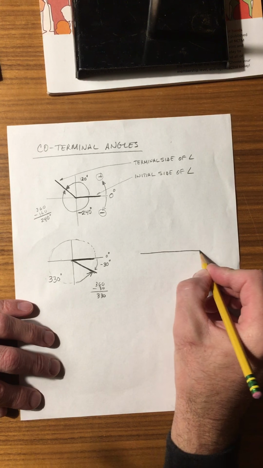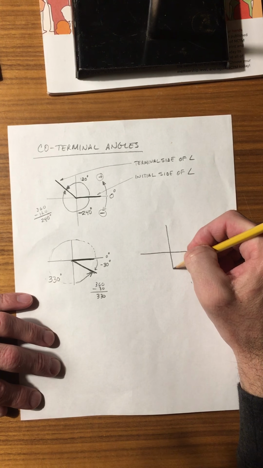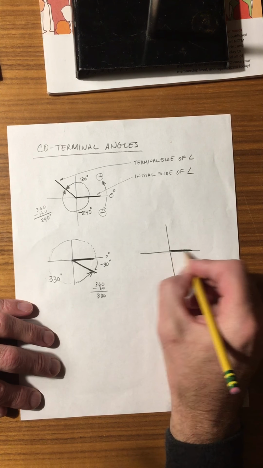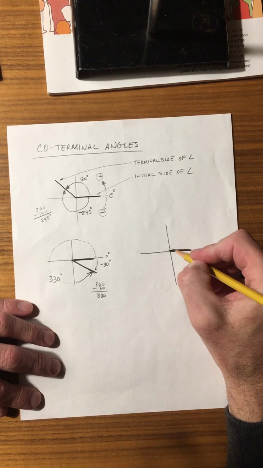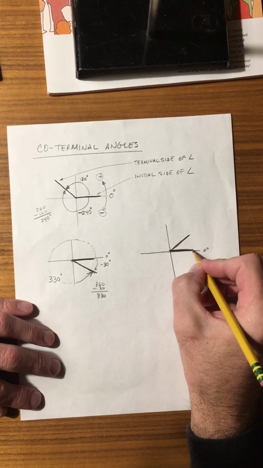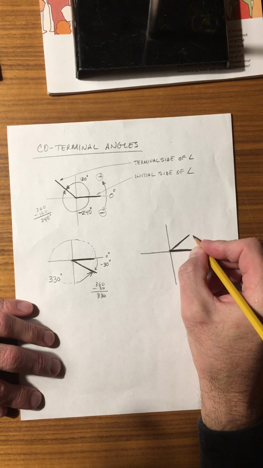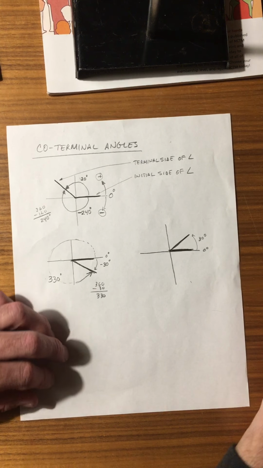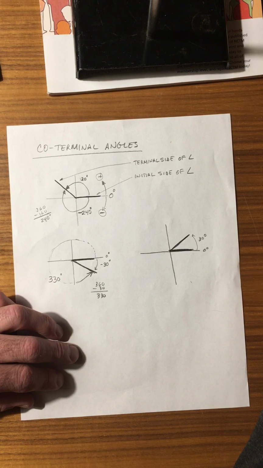All right, let me show you one more example of another way that we could do it. Let's say that that's the initial side, and we'll say that's the terminal side, and let's just say this angle is 30 degrees. Well, here's another way that we could measure this angle.